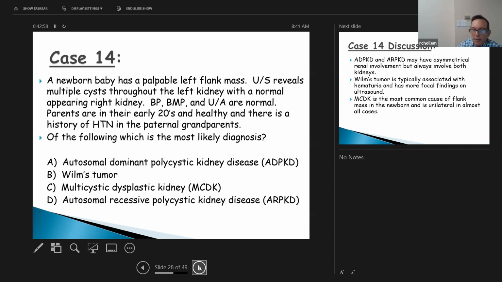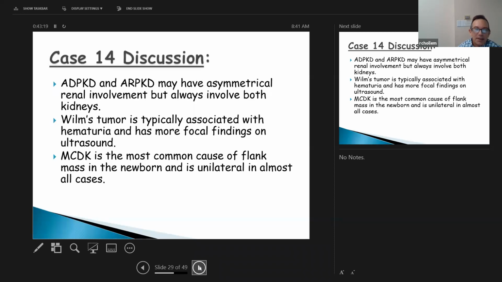A, autosomal dominant polycystic kidney disease. B, Wilms tumor. C, multicystic dysplastic kidney disease. D, autosomal recessive polycystic kidney disease. Shout it out. C, good.